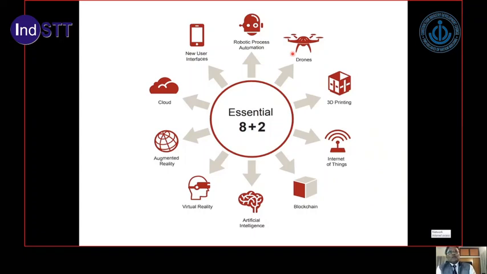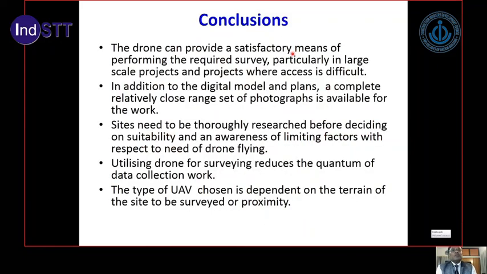So this is my last slide, which says that you can use these laser-based technology and the drone technology for a very large number of applications, for surveying, for large scale projects, for small scale projects, and particularly for those areas where the access is difficult.